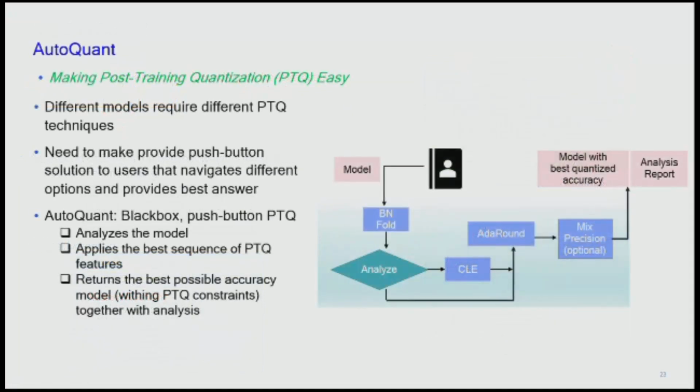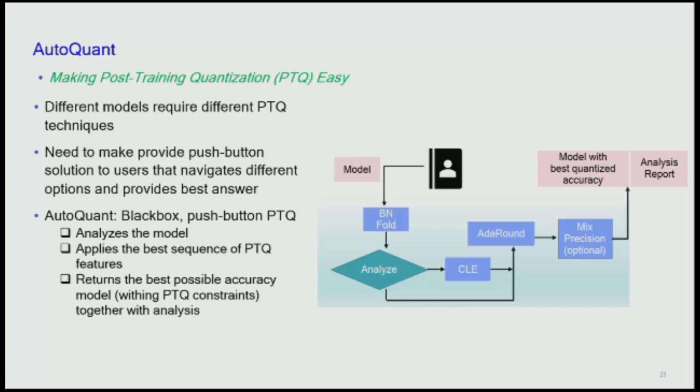Right, and AdaRound might sound like a very domain-knowledge-specific solution. So in Qualcomm, we have AutoQuant, where we provide a sequence of quantization optimizations, and the end user just has to provide a model definition and the tolerance of accuracy degradation.